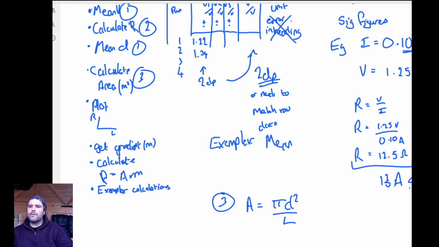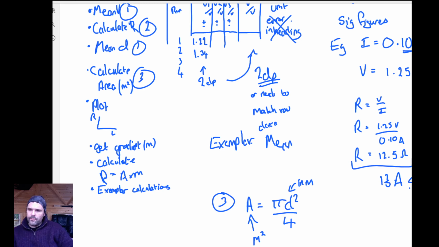You don't need to halve the d to get an r and then use pi r squared. Just use pi d squared over 4. But that needs to be in meters, so that will come out in meters squared. So check it's in the right units.